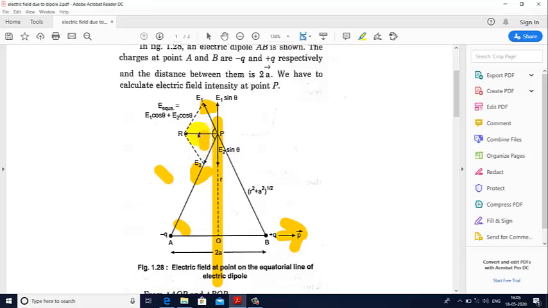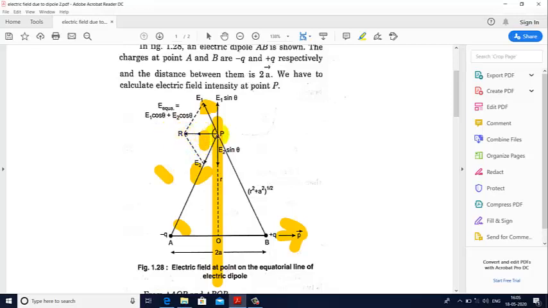Similarly, this angle will also be equal to theta, because this is an isosceles triangle. So both these angles will be equal to theta.